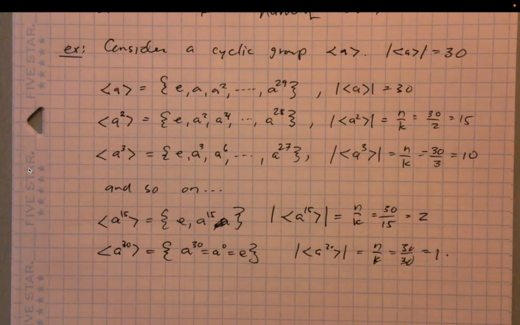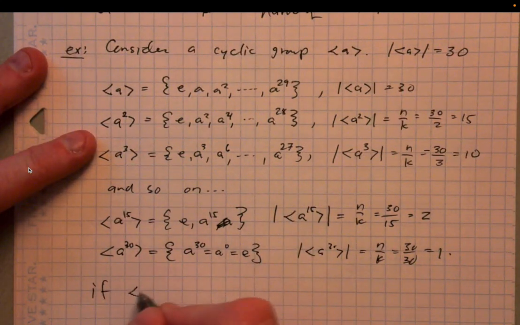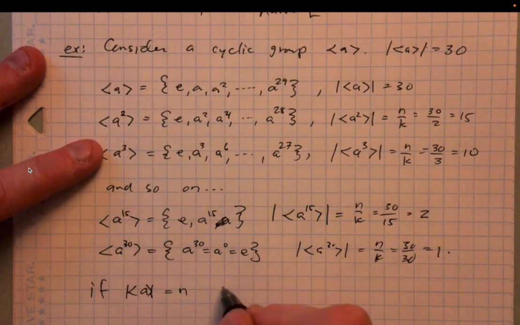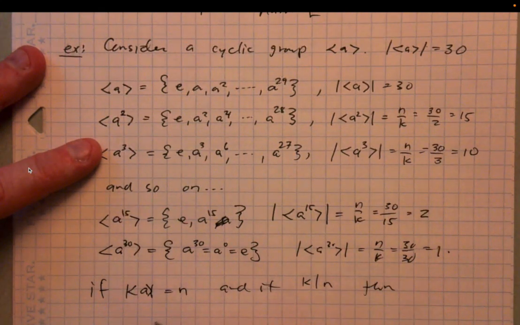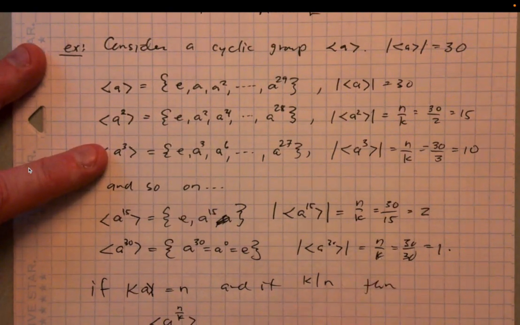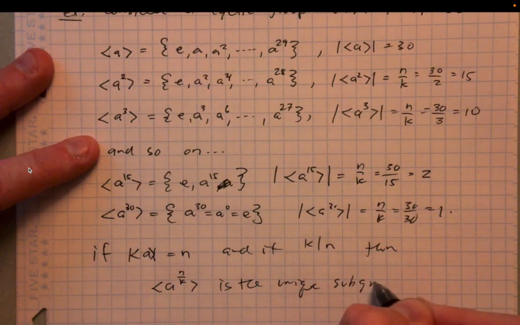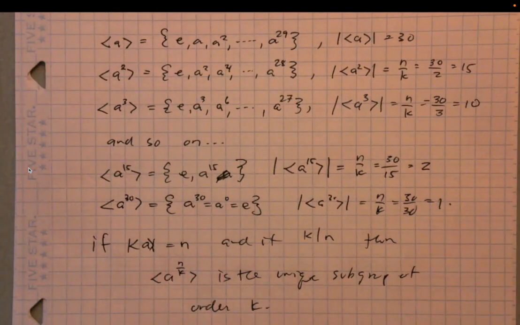So in general, if A has order n, and if k divides n, then a to the n over k power is the unique subgroup of order k. Okay, so that's basically what these theorems say.